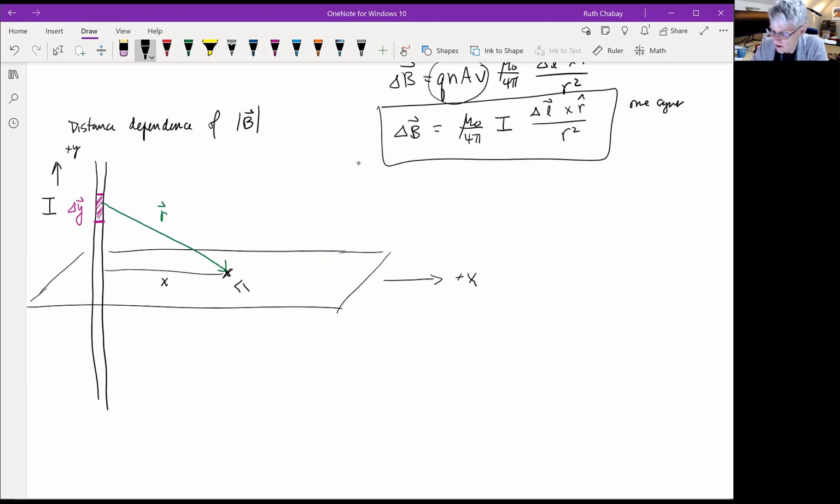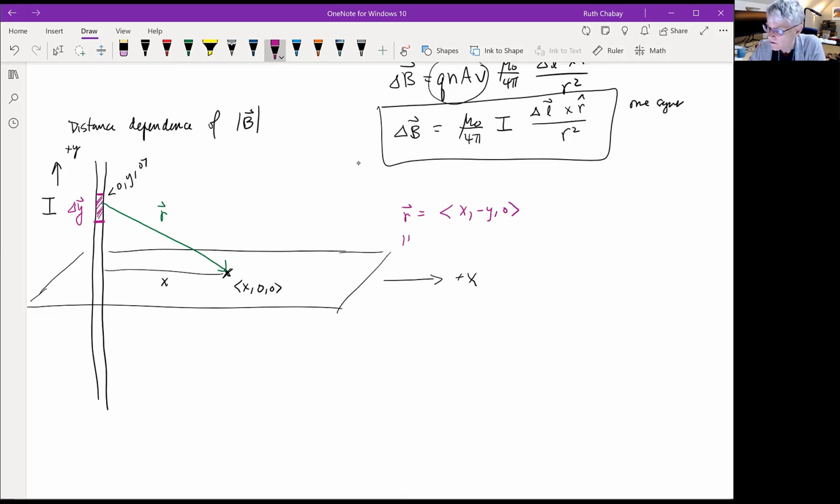So this location is x, 0, 0, and the center of the piece is 0, y, 0. So r is going to be x, 0, 0 minus 0, y, 0. That gives us x, negative y, 0.